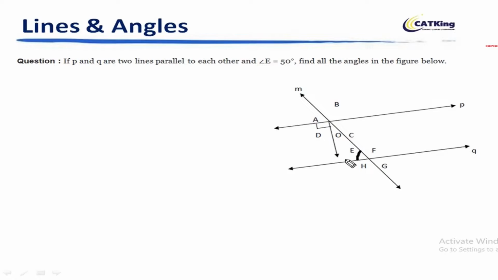Alright, this is 50 degree, we know this. If this is 50, this will also be 50, corresponding angle, right? If this is 50, this will be 130, linear pair.